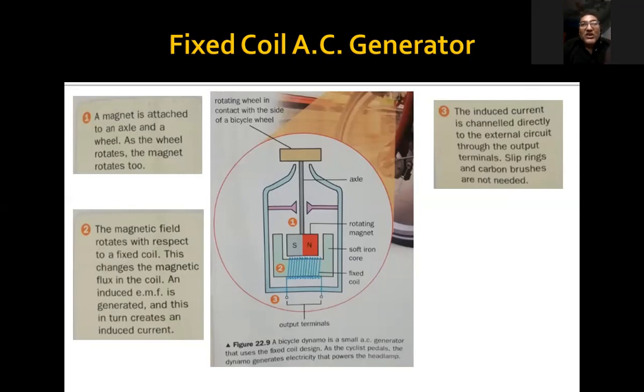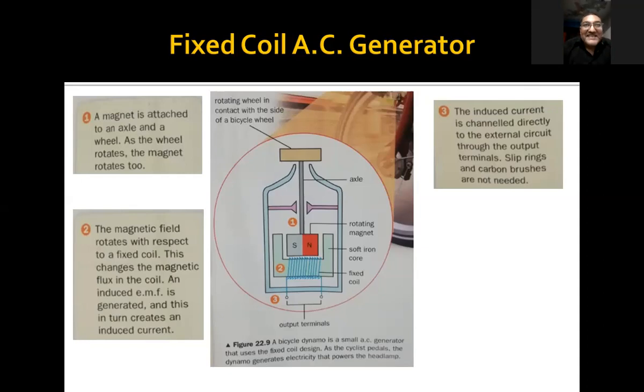So the coil was rotating and the magnets were stationary. When the coil is rotating, it becomes difficult because you have to use slip rings. The current which is induced in it, you have to take out using slip rings and carbon brushes, and then use it.